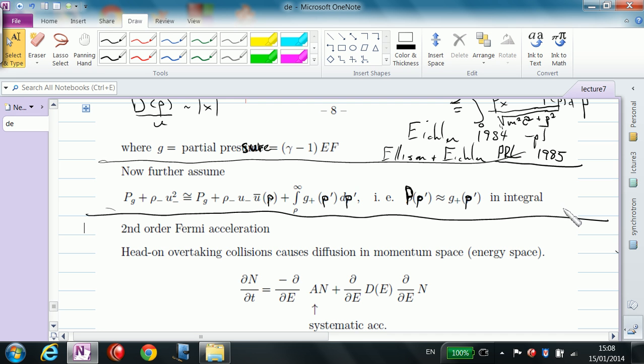So anyway, I think what I meant to say here is that the pressure felt by particles of momentum p is equal to the integral from p to infinity of the post-shock partial pressures in momentum p.